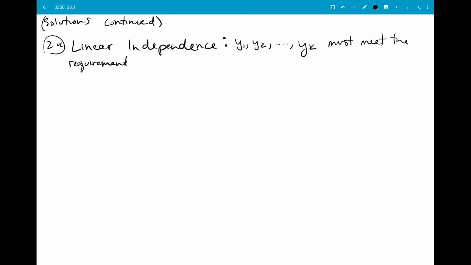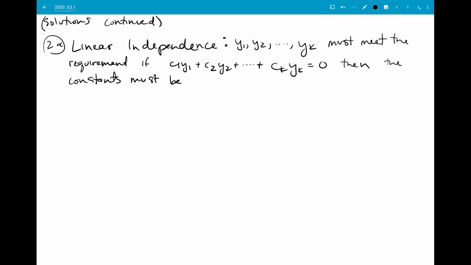And the requirement for that is that if c1 y1 plus c2 y2 down through ck yk equals 0, then the constants must be c1 equals c2 equals all the way down through ck equal to 0.